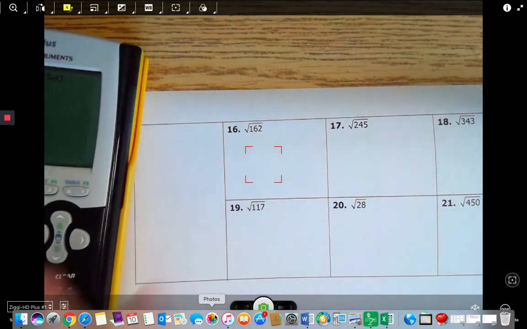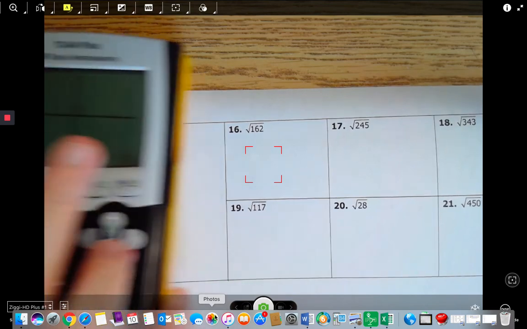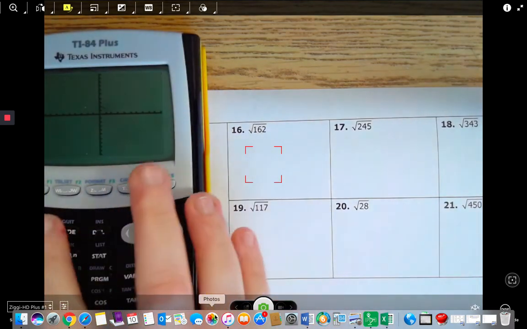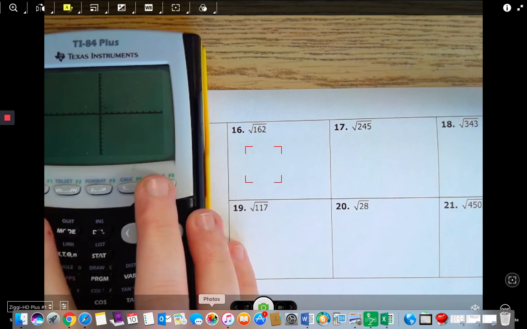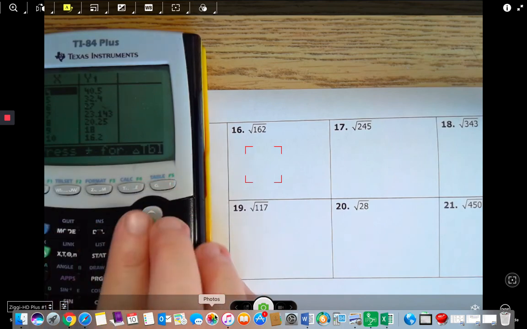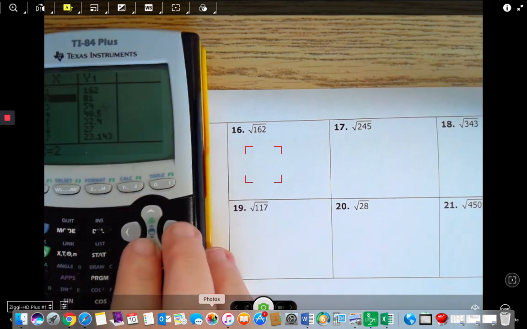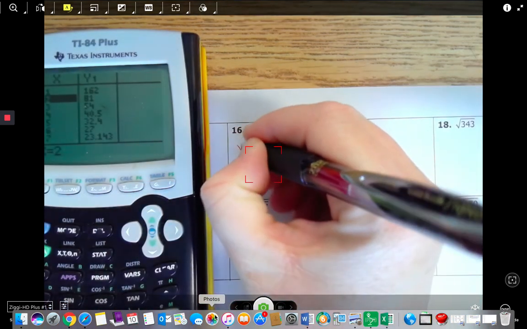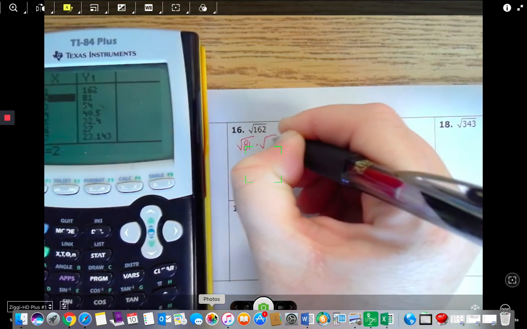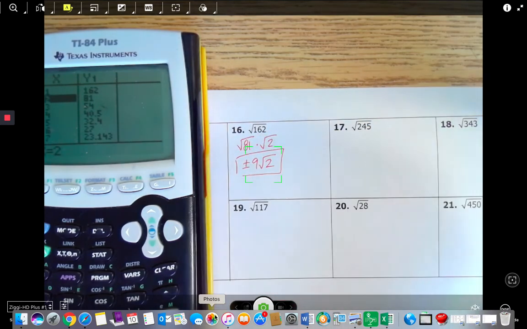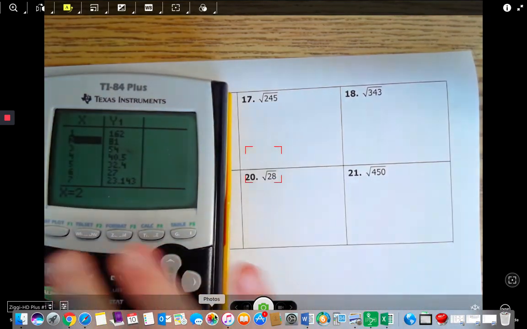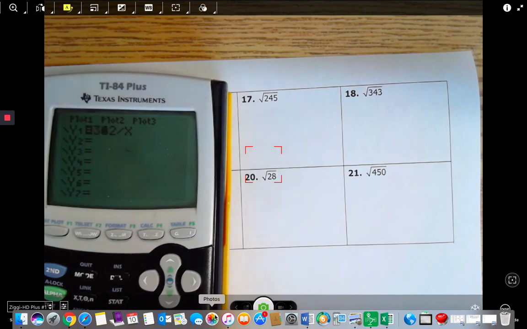162. Starting to get a little bigger on us. 162 divided by x. We look for that largest perfect square, and that largest perfect square is actually 81. So the square root of 81 times the square root of 2, or plus or minus 9 times the square root of 2. 343.